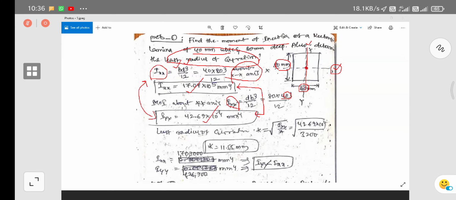Here, 42.67 into 10 power 4 mm power 4, only 10 power 4, against 17.07 into 10 power 5.